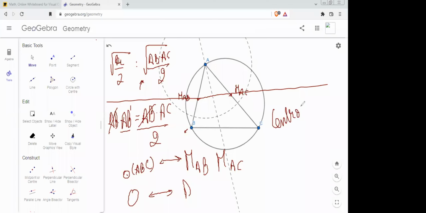Okay, what's the image of the centroid here? What's the image of the centroid?